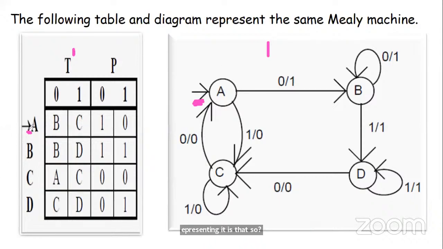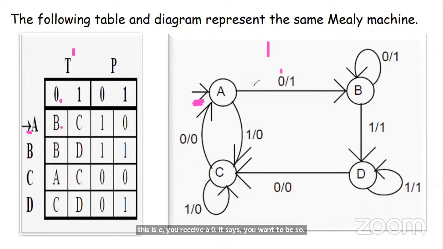So let's look at it together. You are in state A. Looking at the diagram, you receive a 0, and it says you move to B. And what is your output?